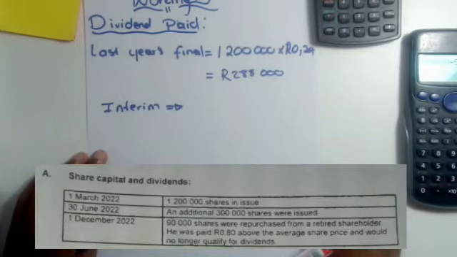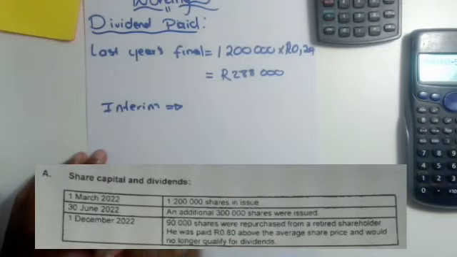According to information E, the interim was paid on 31 August 2022. So you will see that's after we had already issued additional shares. It's before we repurchased the ones that we repurchased in December. So I don't have to worry about the 90,000 that was repurchased, because on 31 August 2022, I have not reached the date of repurchase yet.